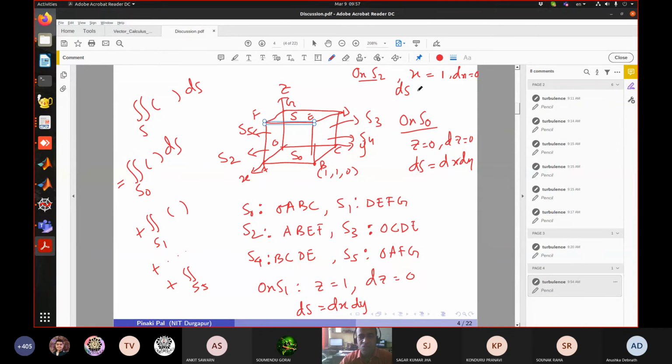And your ds will be equal to dy dz. So this is how you have to simplify, and you have to calculate all the surface integrals, and you have to add. Okay, still if you have problem, if you cannot solve, I will discuss it in the next class.